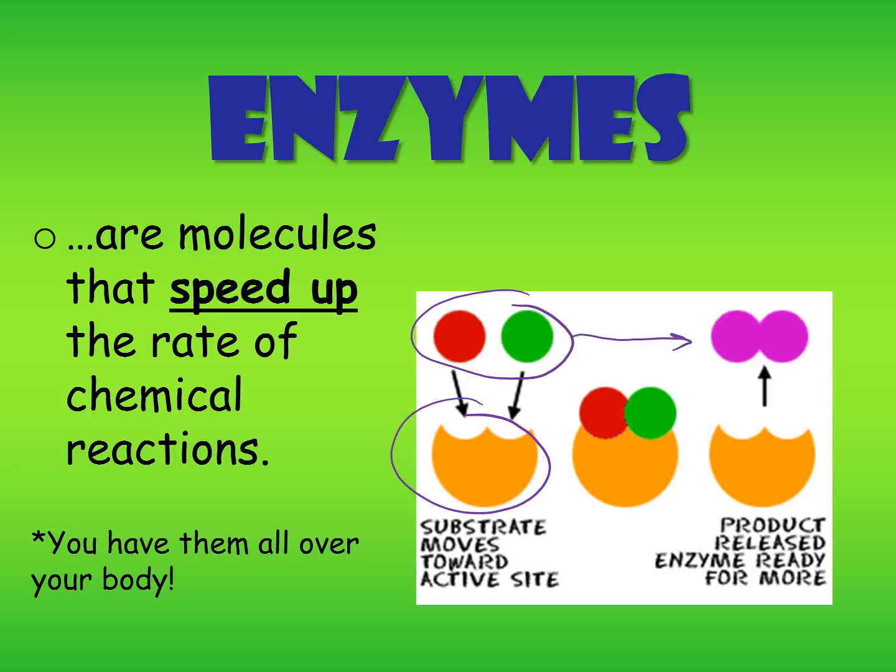So we have, for instance, two atoms getting joined together, but in digestion, really the reverse would be true. You have a molecule that's getting taken apart to make smaller molecules, but they work the same way. It's very specific. Only this atom or this molecule will fit into this enzyme's shape. And so when that happens, it makes this whole process happen faster, and this just happens over and over again.